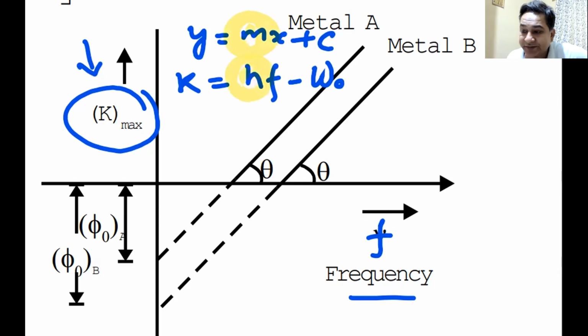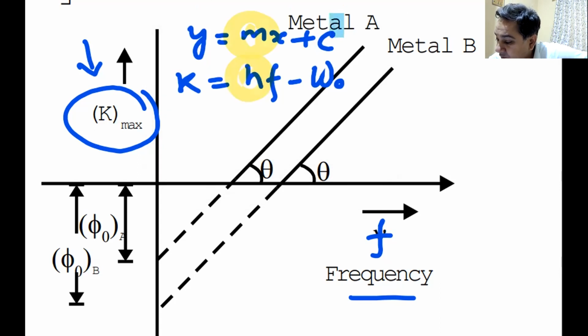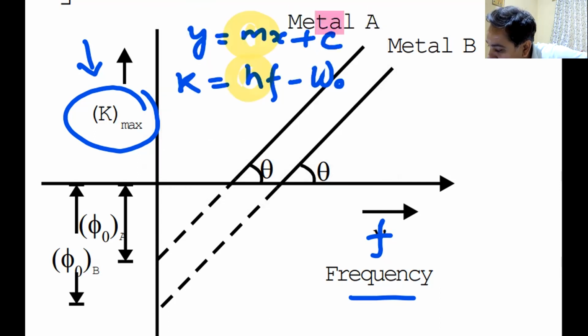Do we understand this? Next thing is your C. Oops, where did it go? Let me try it again. I can't highlight it because it is taking something else automatically.